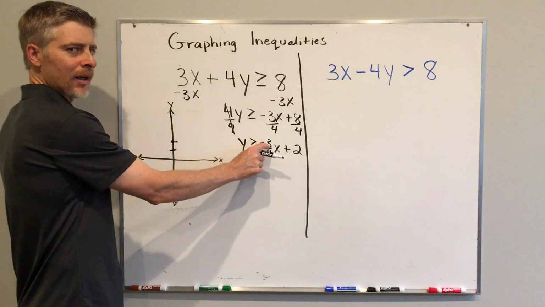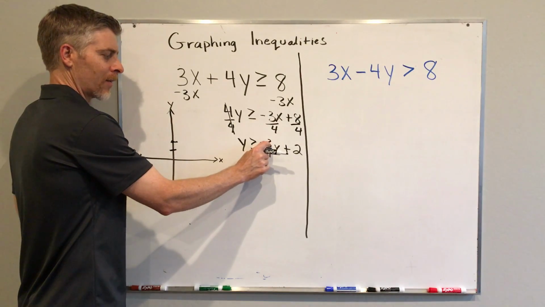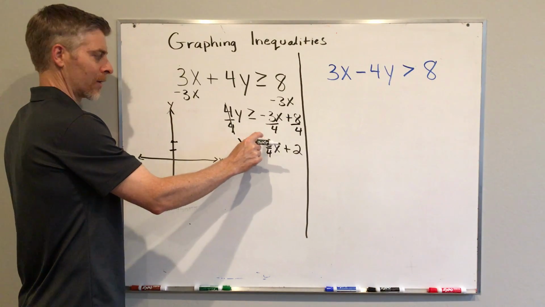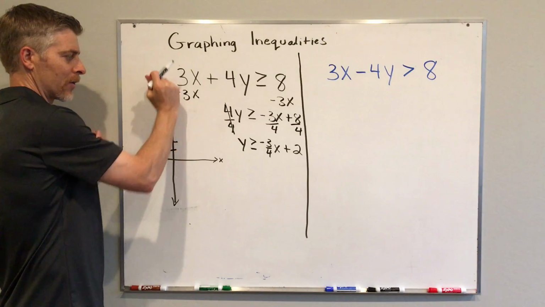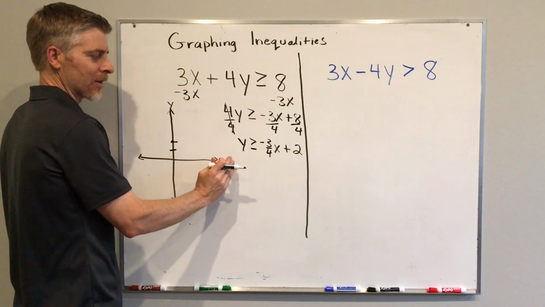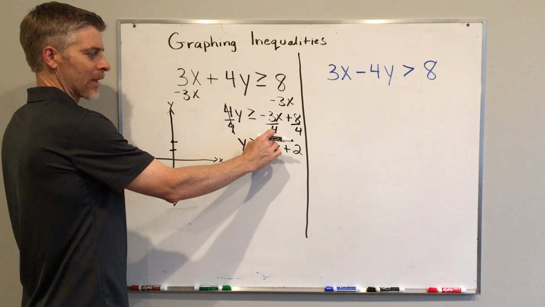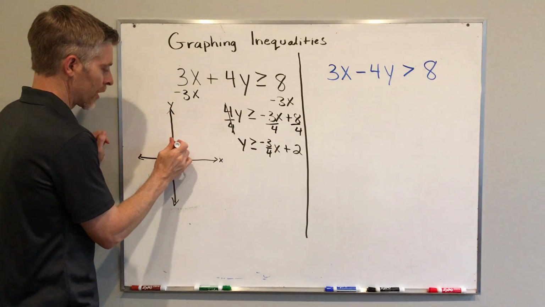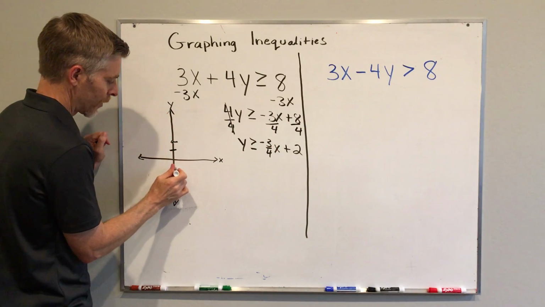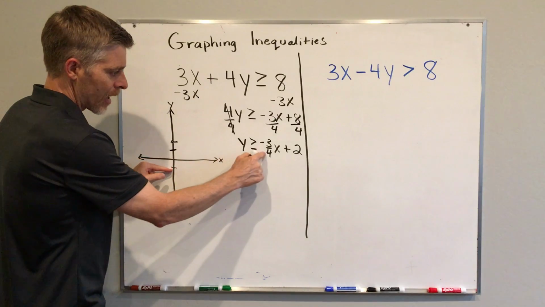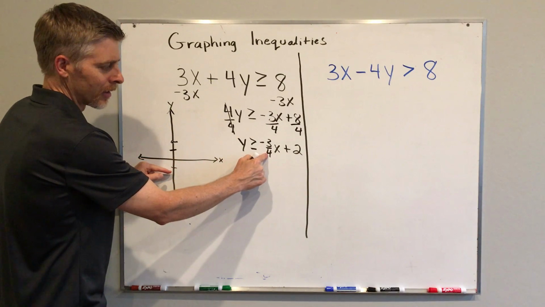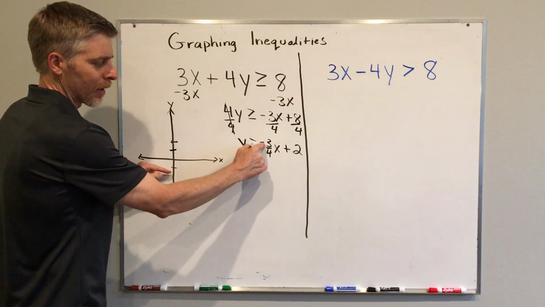And the slope tells us the rise over the run. The rise are the y values, the run is the x value. So the rise, the y's, are going to go down 3. So 1, 2, 3, and it's going to run positive 4. Remember, don't put the negative on both numbers.